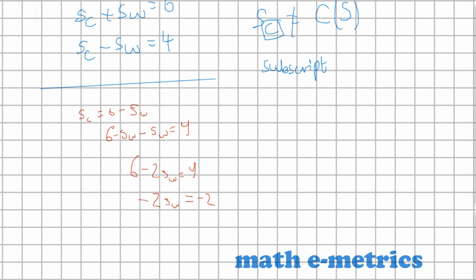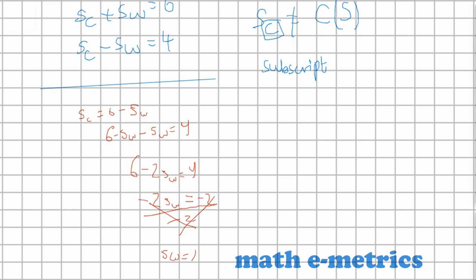Am I on the right track so far? Yes, of course. How much is SW here? Negative 2 divided by negative 2, SW is equal to 1. Now that you found SW, what else do you need to find?